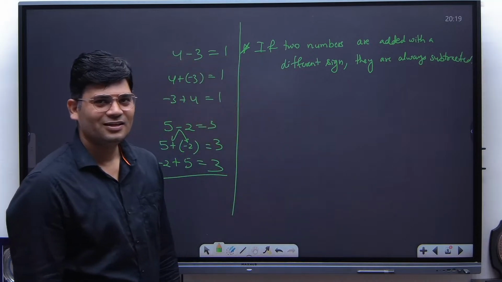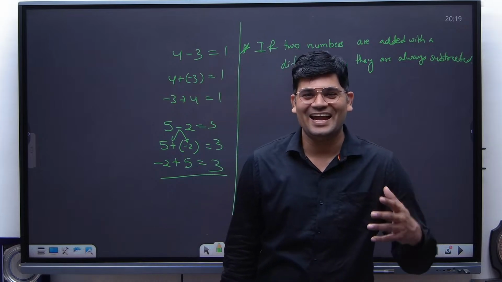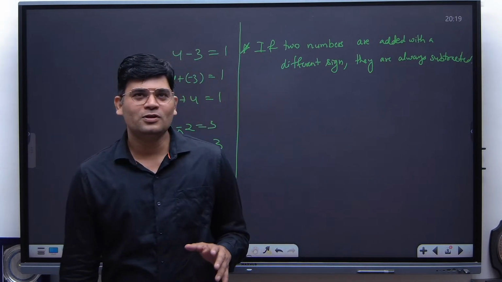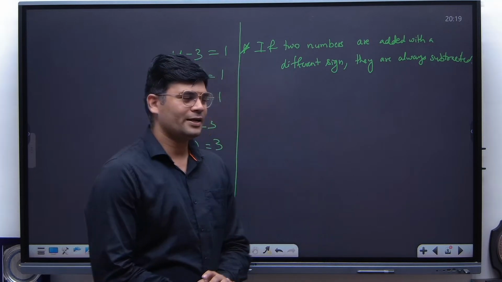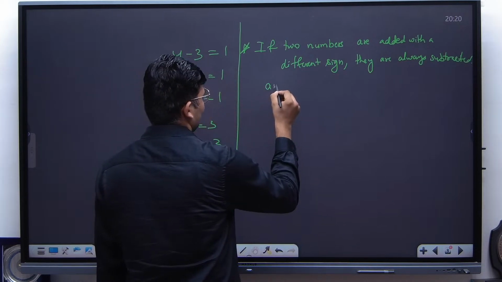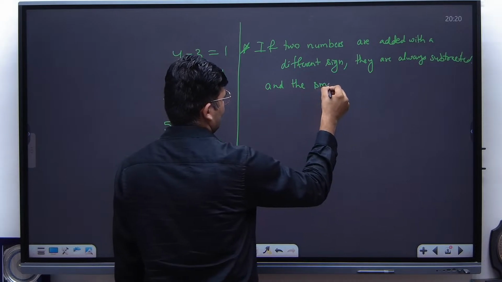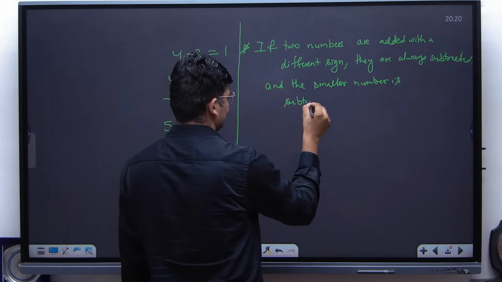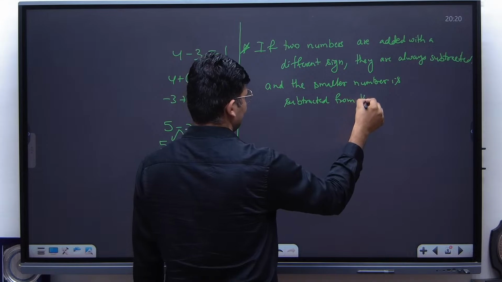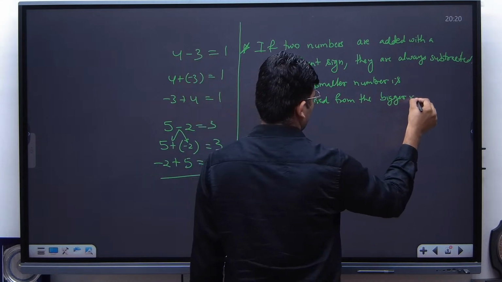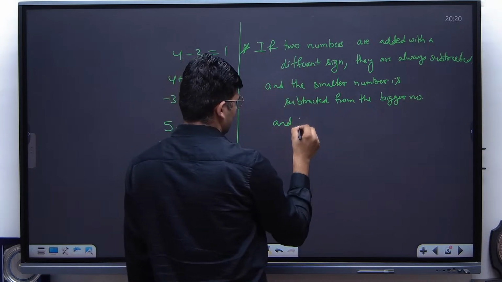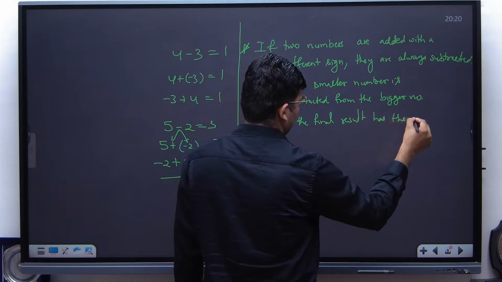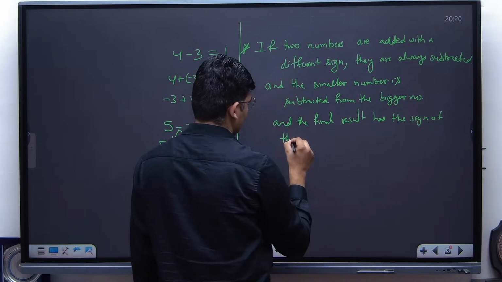Please mark this. I am writing a very contradictory statement. If two numbers are added with a different sign, they are always subtracted, and the smaller number is subtracted from the bigger number, and the final result has the sign of the bigger number.